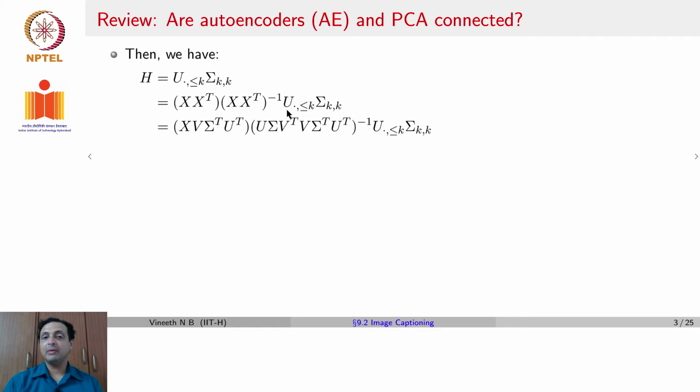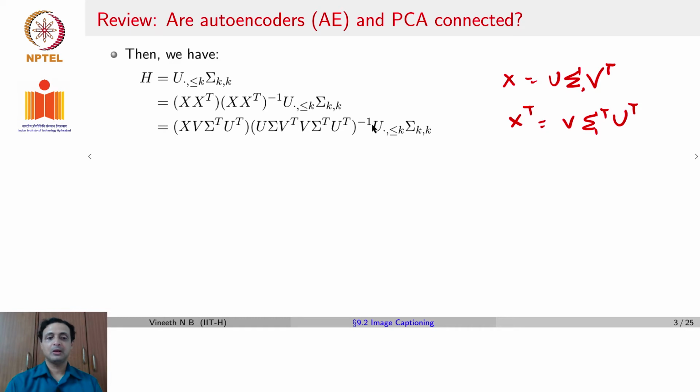Now from the SVD of x, remember that if x is equal to U sigma V transpose, then x transpose is given by V sigma transpose U transpose. That's what we are writing here: x is written as U sigma V transpose and x transpose is written as V sigma transpose U transpose whole inverse.